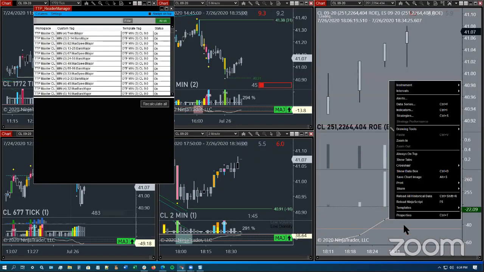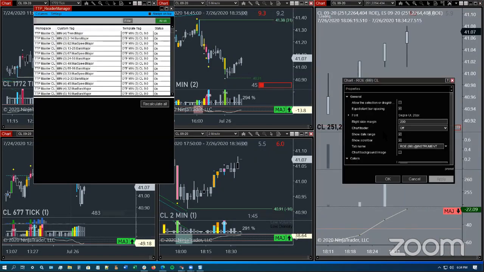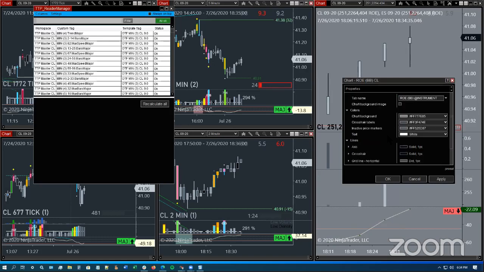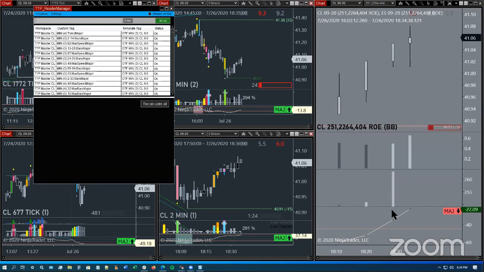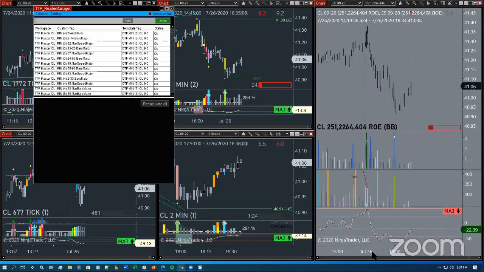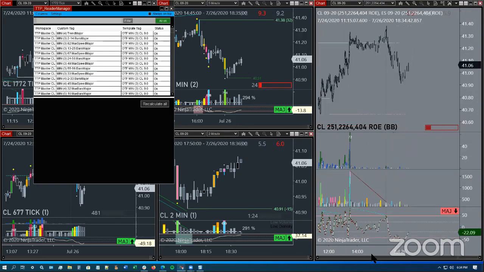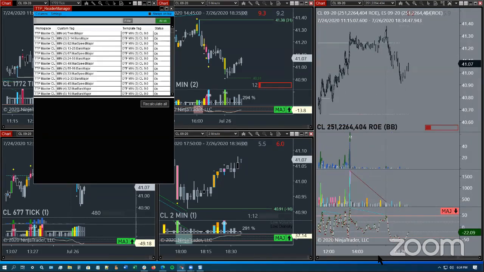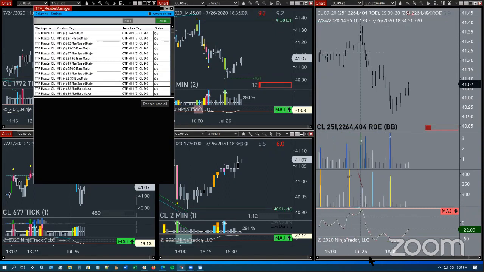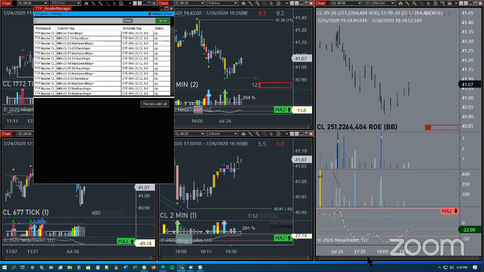I think that's in the properties. Yeah, so I think I can turn that off. It may look a little bit funny, but when it's the same instrument, it should look fairly similar. It's easier to do this on a 1 minute, or let's say a time-based chart.